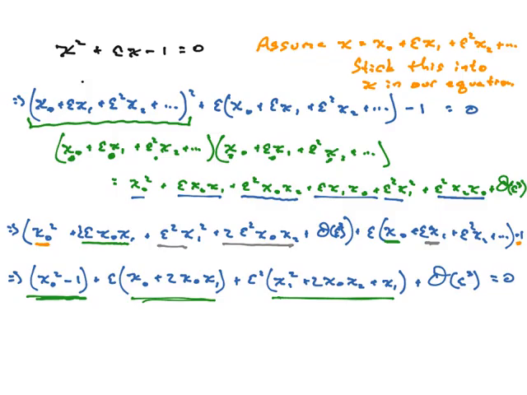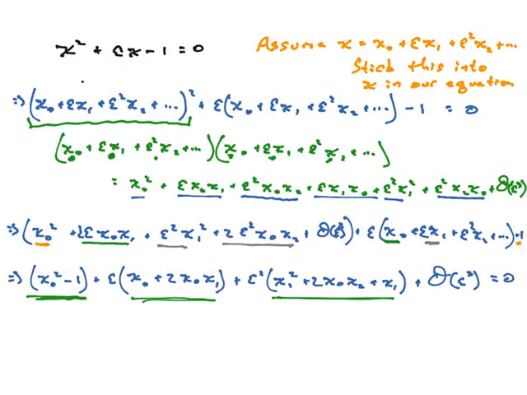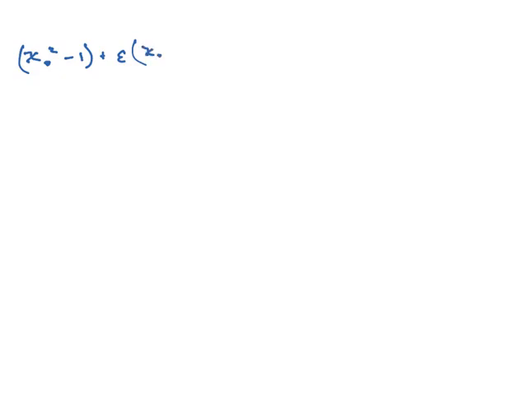So first thing, I'm going to have to rewrite this, so please excuse me for going back and forth a little bit. We've got x naught squared minus 1, then plus we have an epsilon times, what was this? x naught plus 2 x naught x1.